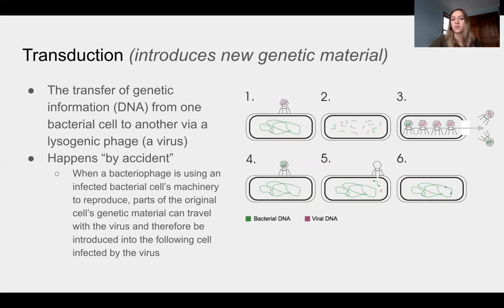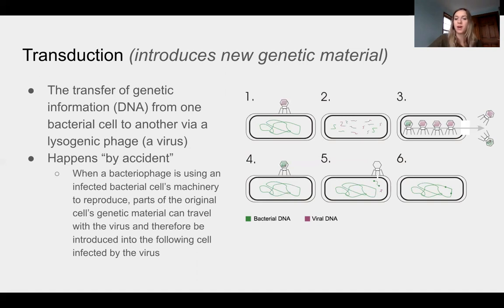So again, that shows how the virus is not a living organism because it's using another cell, a living cell, to make copies of itself. So this is not like an intentional kind of reproduction. So what I have on here is it happens by accident.